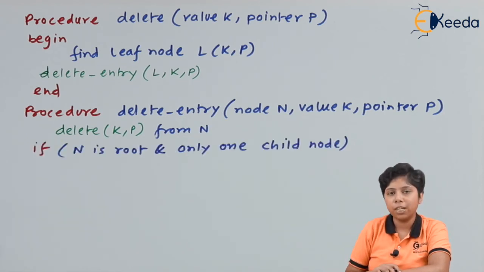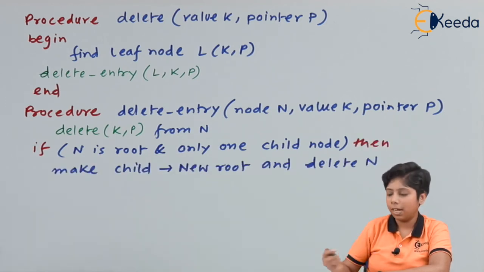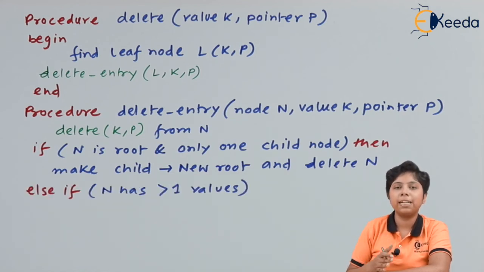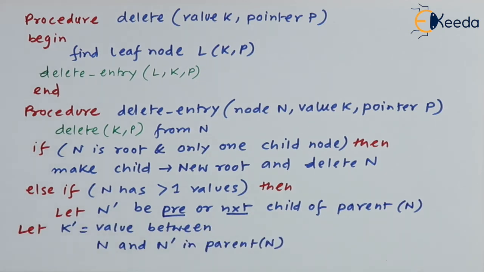If the root N has only one child, then we make the child the new root because it is the only child node, and then delete the root node N. Now if N is not the root node and has fewer values than required, then let N' be the previous or next child of the parent of N. That means N' is the left child or the right child of N. Now K' is the value between N and N'.